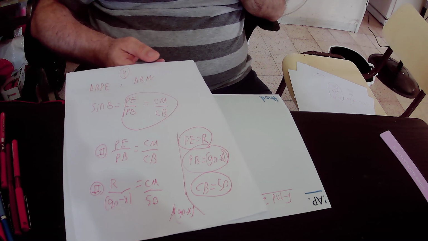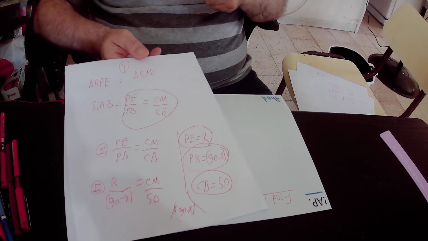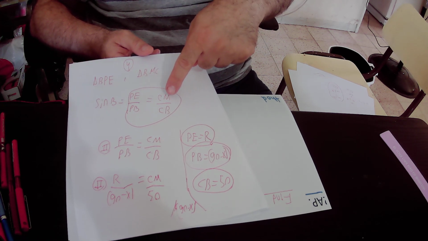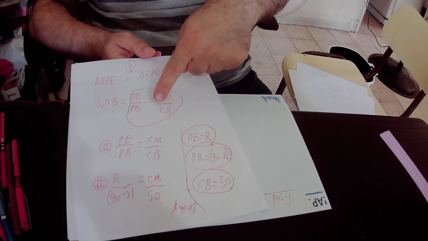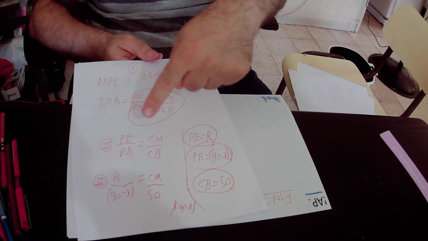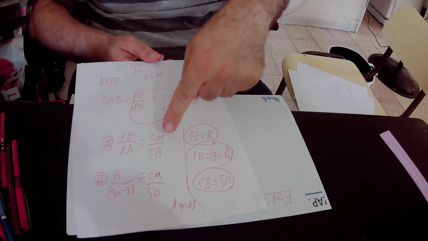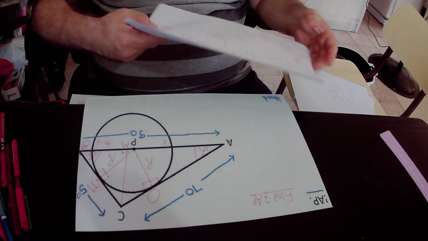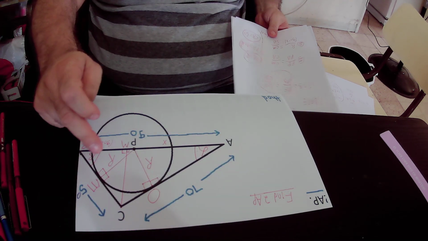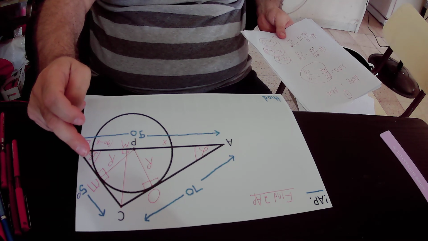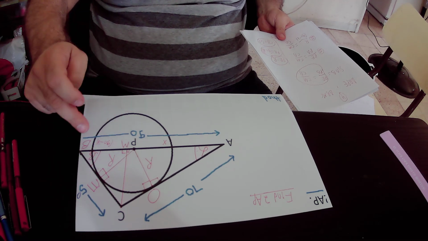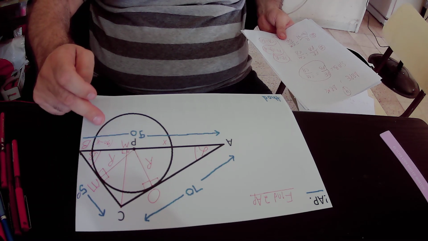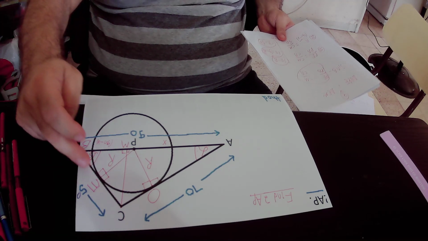So we can write this equality again, PE over PB equals CM over CB, and this will be our second equation. We already know that PE equals R, PB equals 90 minus X, and CB equals 50 units.